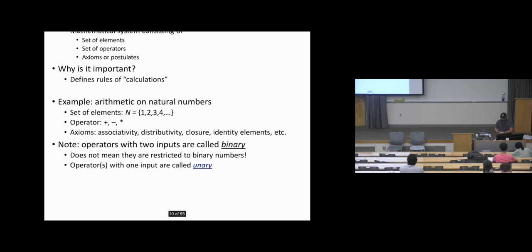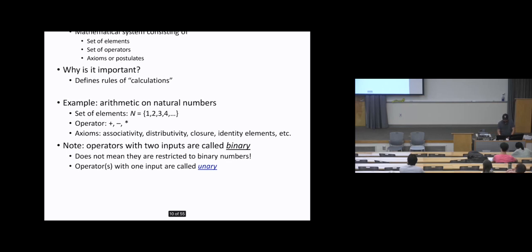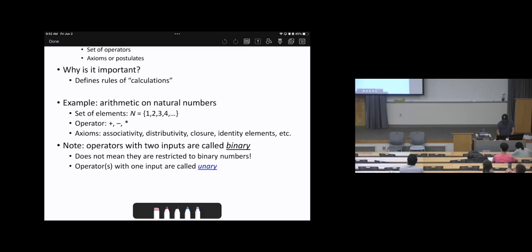For example, in the analysis of natural numbers, the natural numbers are the numbers from 1 and so on. There are operators like addition, subtraction, multiplication, and division, and axioms like distributivity, identity elements, and associativity, all of these from mathematics.